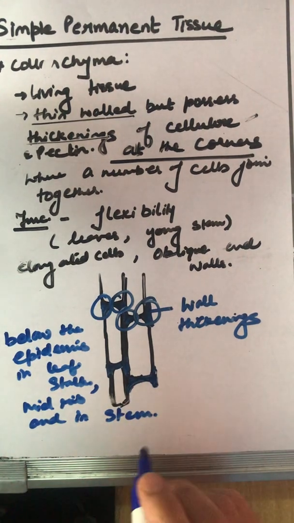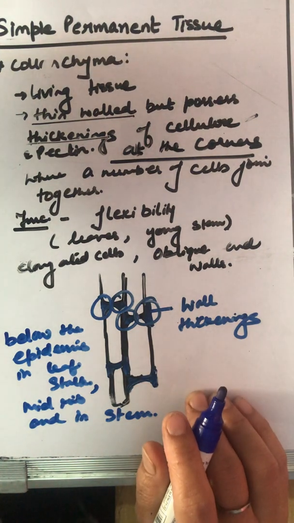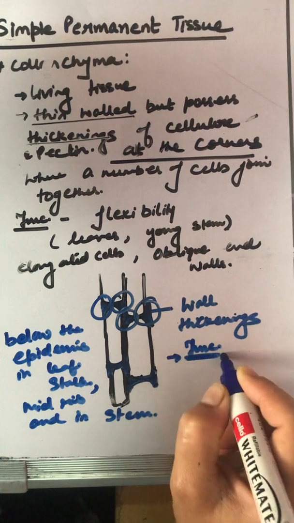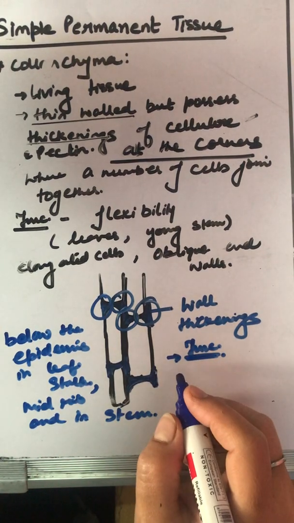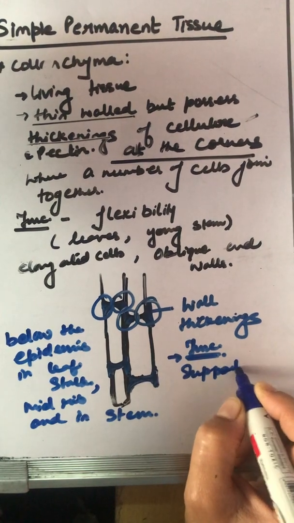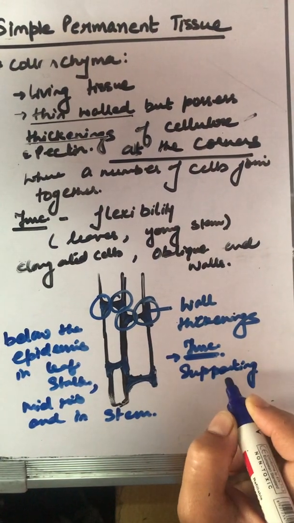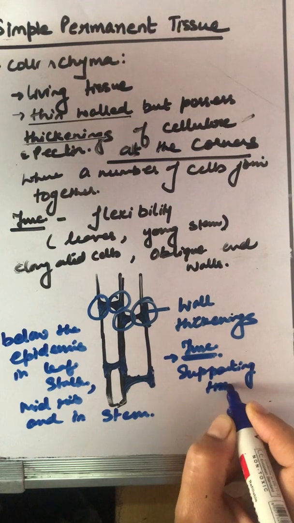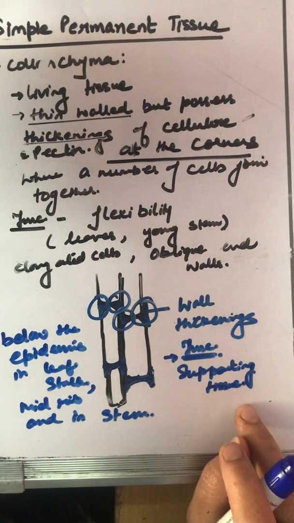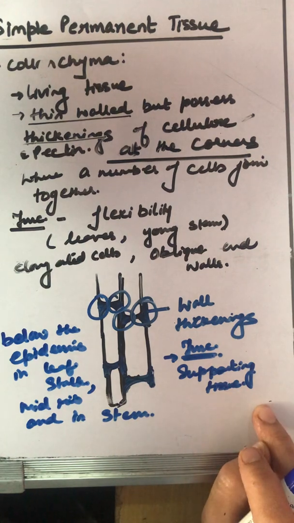Fine. Then, what is the function? If we recollect all the functions, number one, it is the chief supporting tissue, because it provides mechanical support, elasticity, tensile strength to the body.